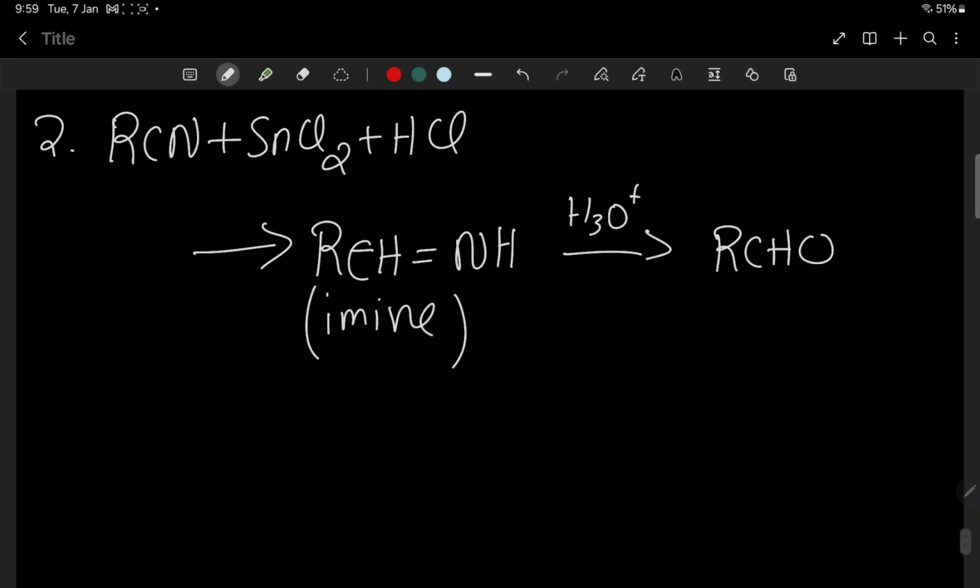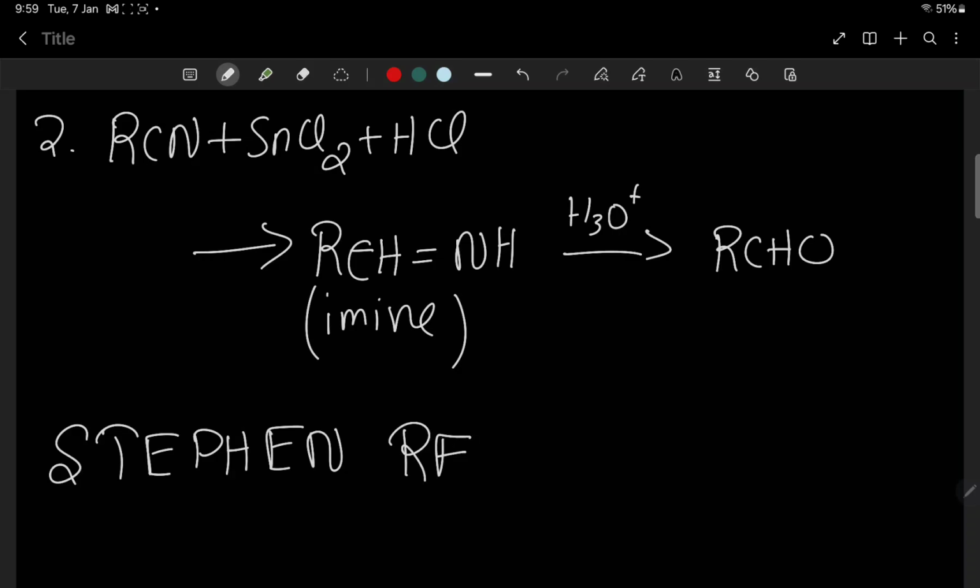This method has a special name. This method is called Stephen's reaction or Stephen's reduction. Important.